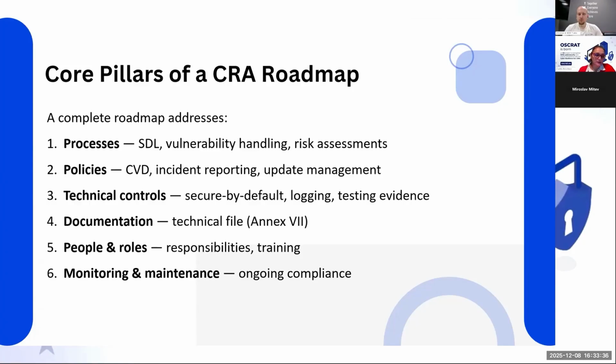This represents the full spectrum of CRA requirements. If even one pillar is weak, the entire compliance structure becomes unsuitable. So the roadmap needs to address all of them, and the pillars must also work together.